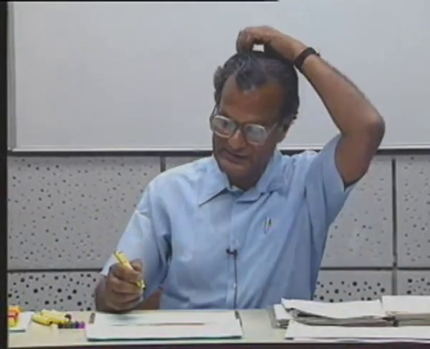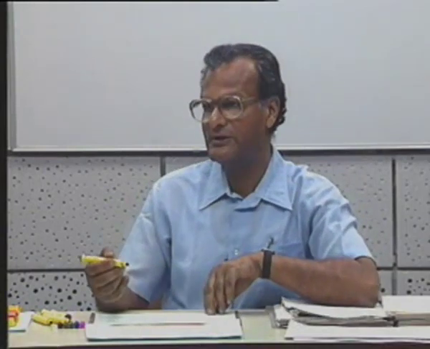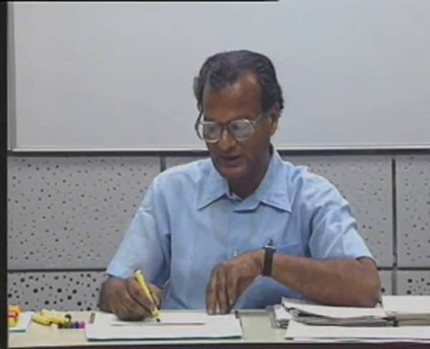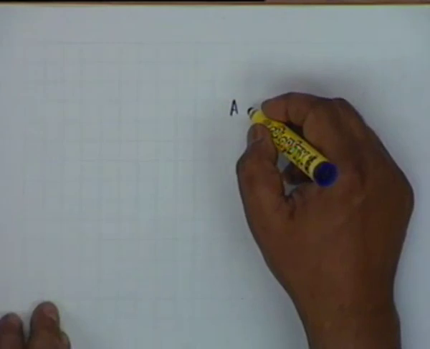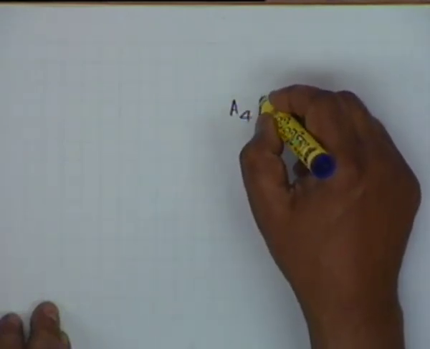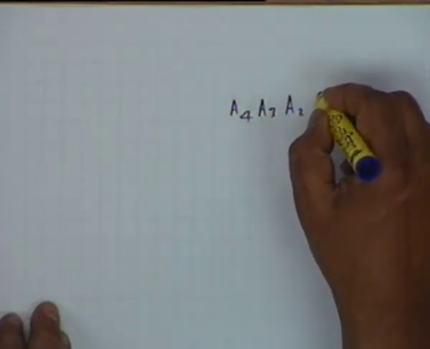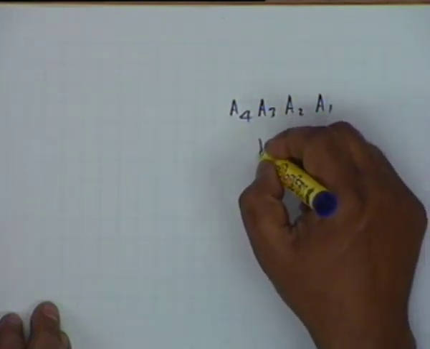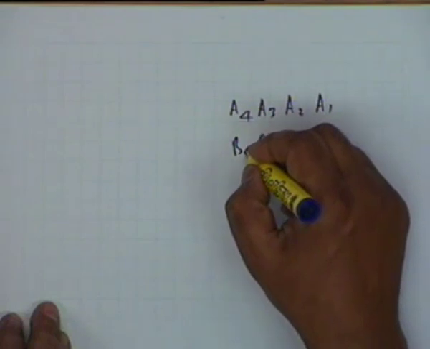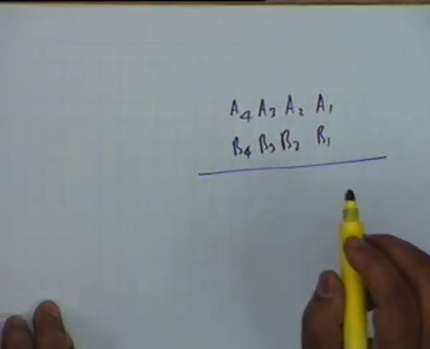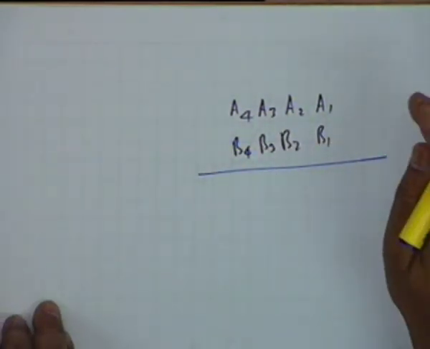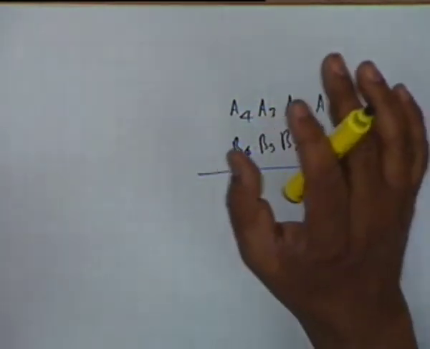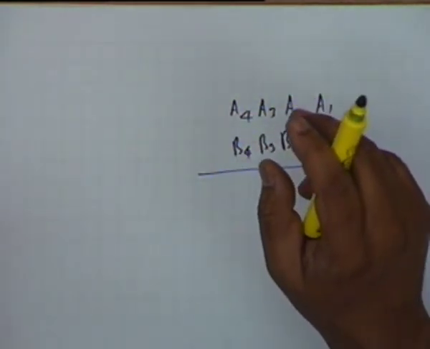Therefore, if I have, let's say, a 4-bit number to be added to another 4-bit number, let's say I have A4, A3, A2, A1 and B1, B2, B3, B4. How many half adders shall we need? Just one.